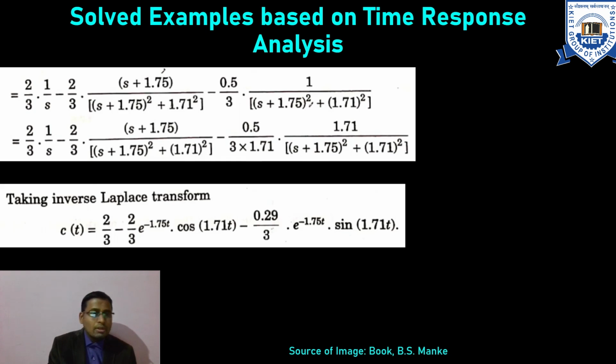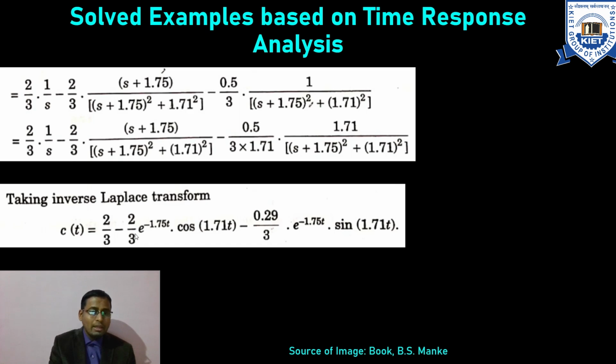Clear? Now look into this particular slide, how we are doing and how we are simplifying this one. Clear? Okay, now take the inverse Laplace transform. After that we will get 2 by 3 into u(t), but here u(t) is not available, but in generalized form we can write the term u(t).